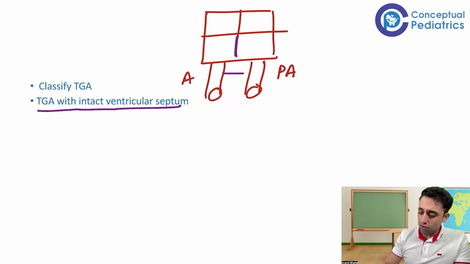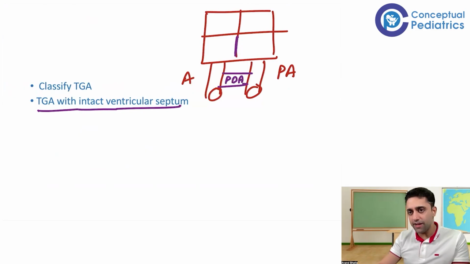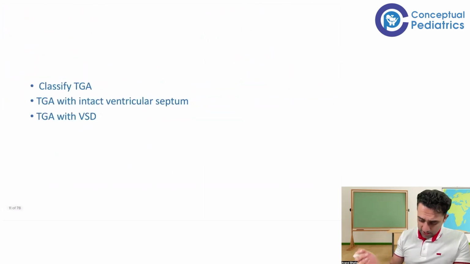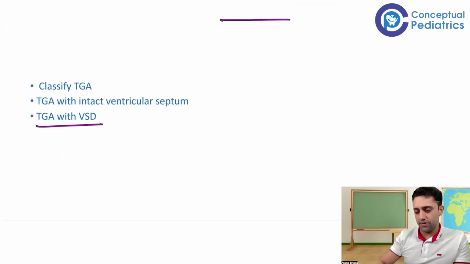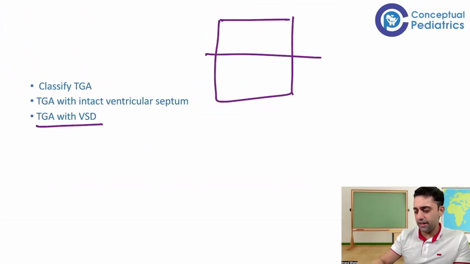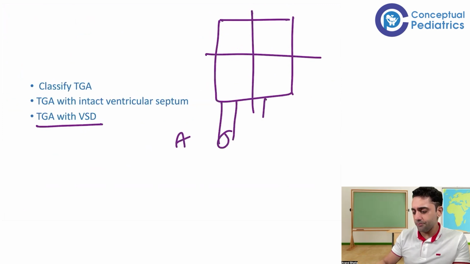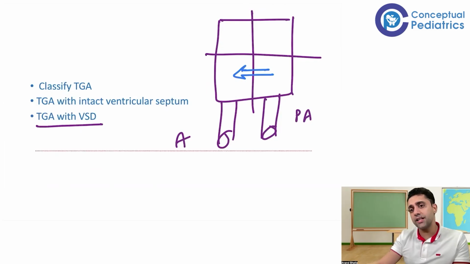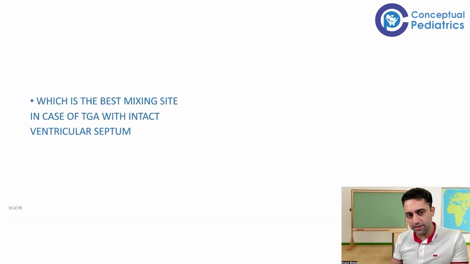In that case, obviously I have to keep the PDA open. That is one TGA. There is another TGA with VSD. This is the aorta, this is the pulmonary artery, but there is still a defect, a VSD that is open. So TGA with intact septum, TGA with VSD, that you should know.